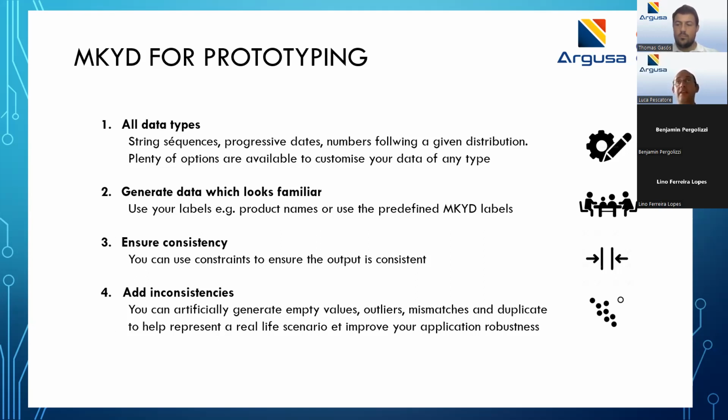You can generate data that looks familiar, for example, using your own product names and your own names of employees, if you want. And you can ensure consistencies by setting limits and constraints, but also introduce inconsistencies to test your applications and make them robust. And for example, add outliers, mismatches, and duplicates.